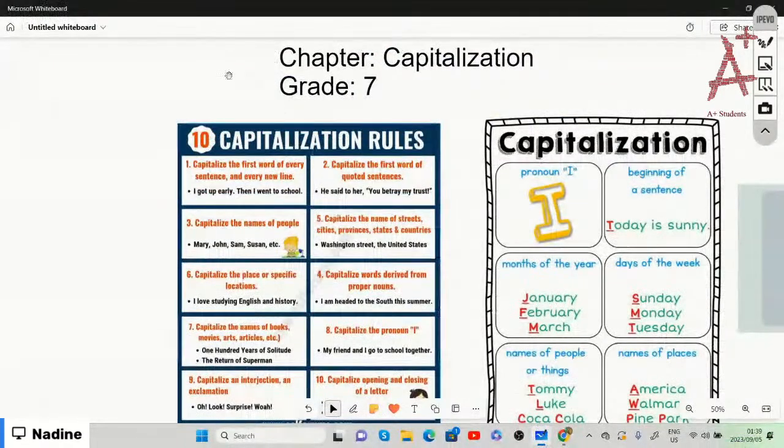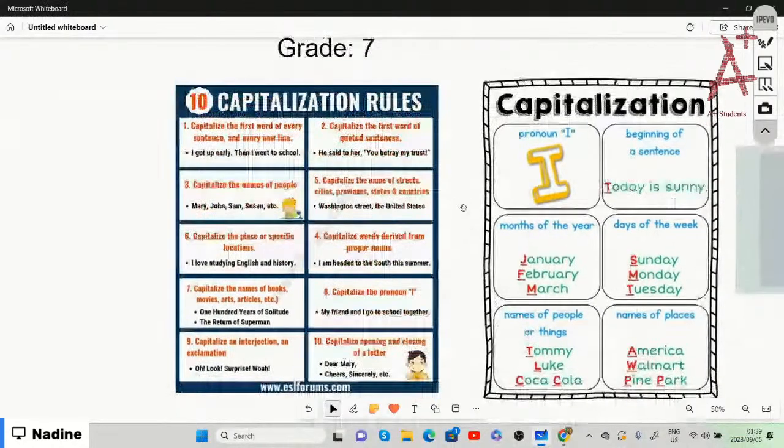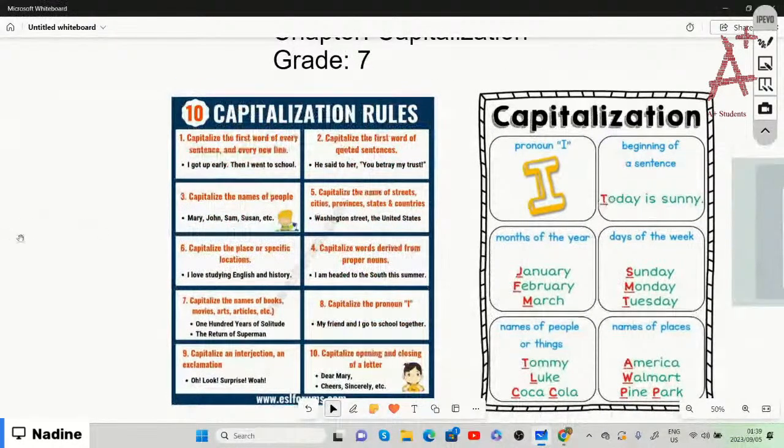All right. And when it comes to capitalization, we also have rules. The first rule is we capitalize the first word of every sentence.